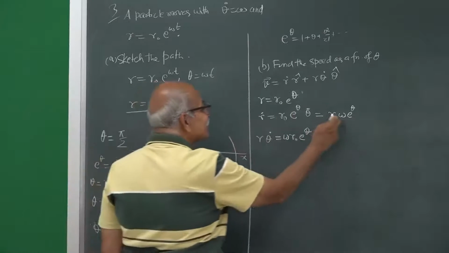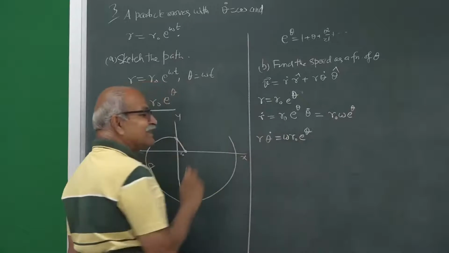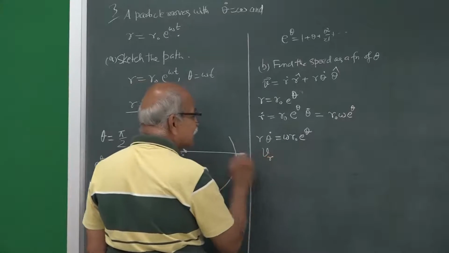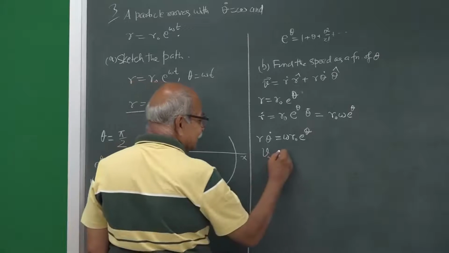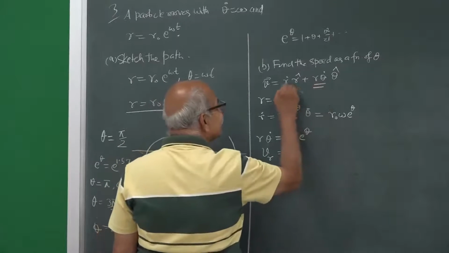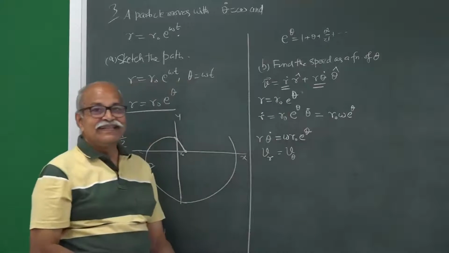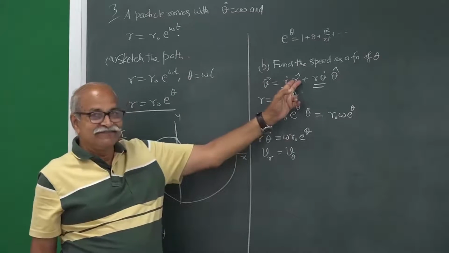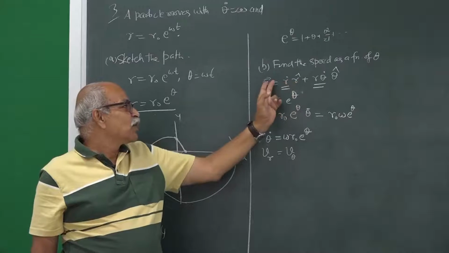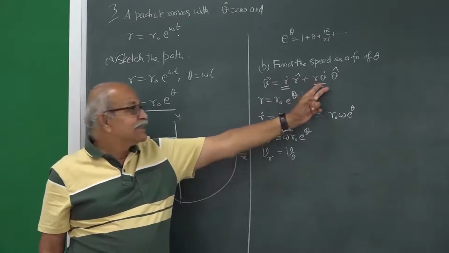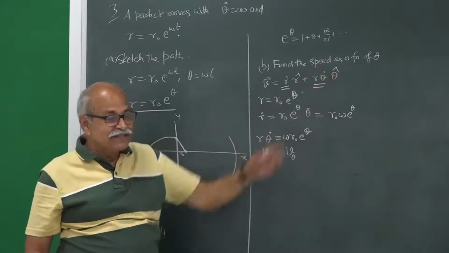That means Vr, the r component of the velocity, is same as the theta component of the velocity. The component of velocity in r cap direction is the same as the component r theta dot in theta cap direction.